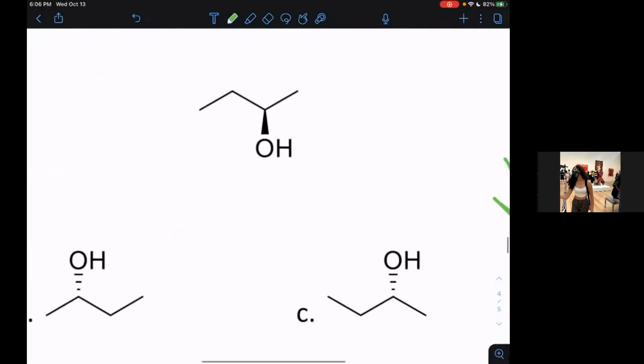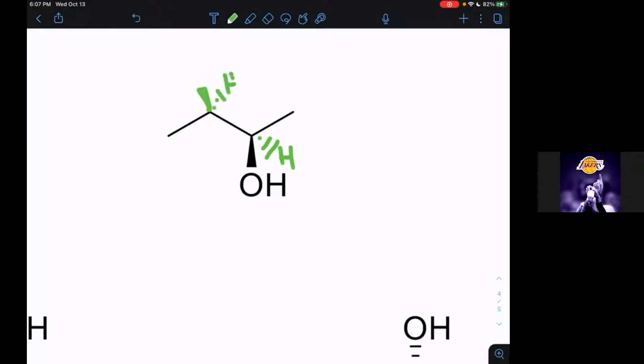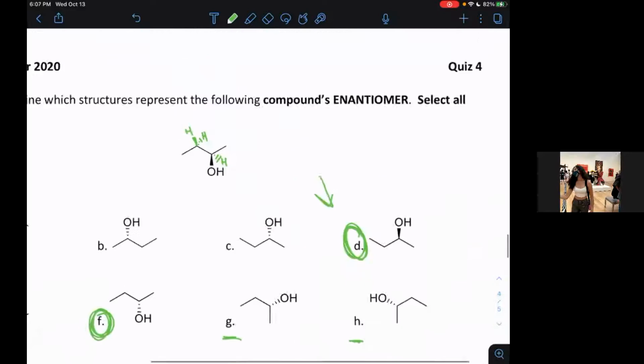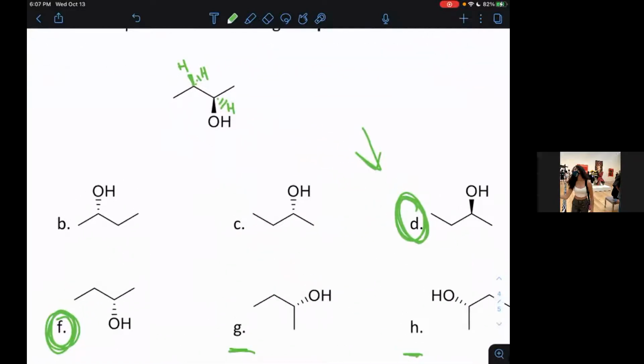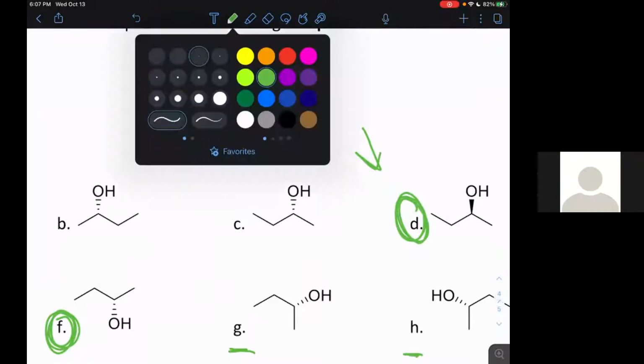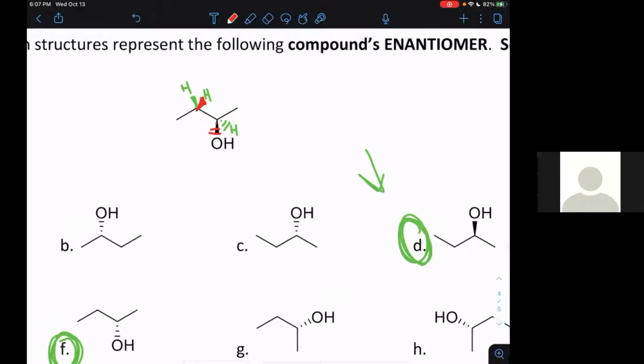Yeah, I don't know if that's maybe what would happen if you switch. If you were to switch this to a wedge bond and this one to a dash, rotating the compound about the bond, like if you had a molecular model and you're rotating the bond.